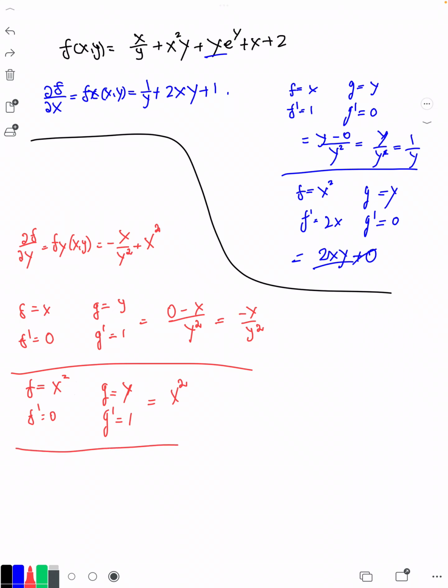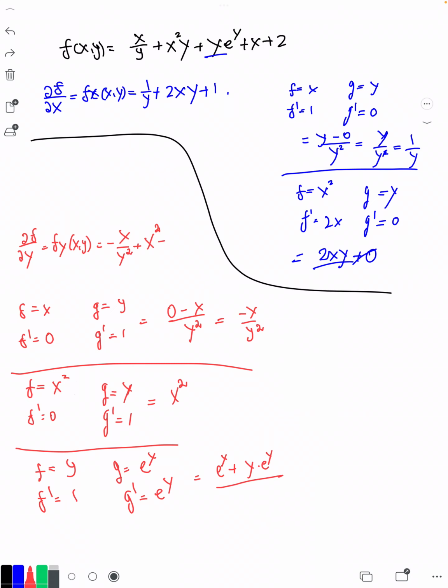Now we're going to have another product one. F is y, g is e to the power of y, f prime equals 1, g prime equals e to the power of y. So now we're going to have 1 multiplied by e of y, which is e of y, plus y multiplied by e of y.